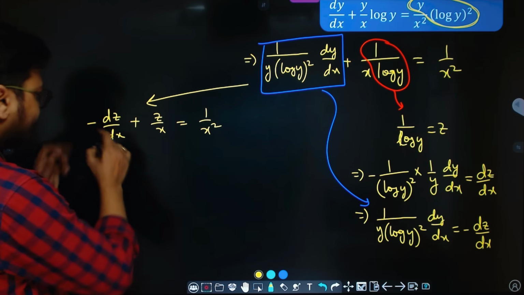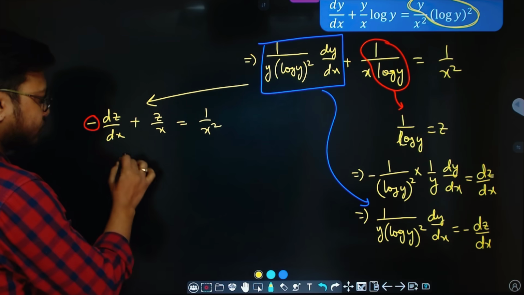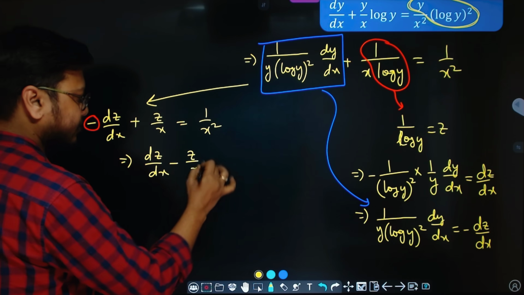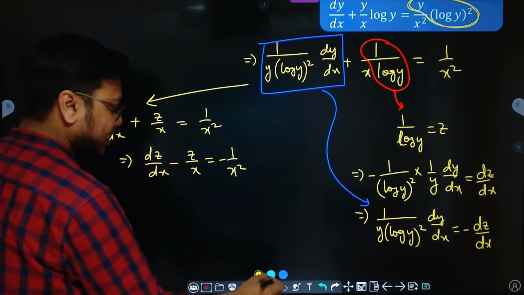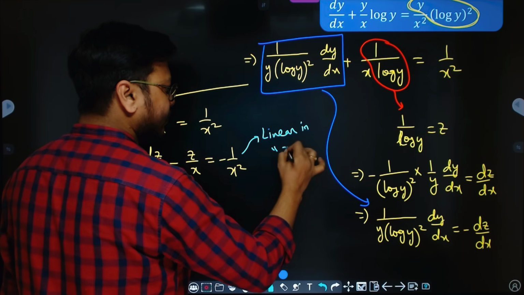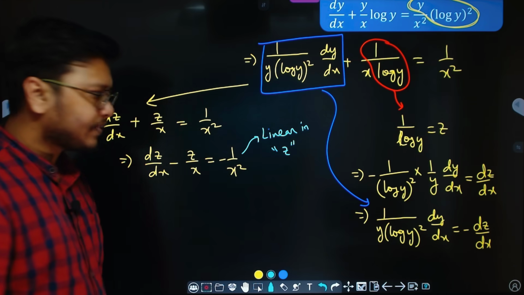Let me get rid of this minus sign: dz/dx minus z by x equals minus 1 by x square, and this is linear in z.